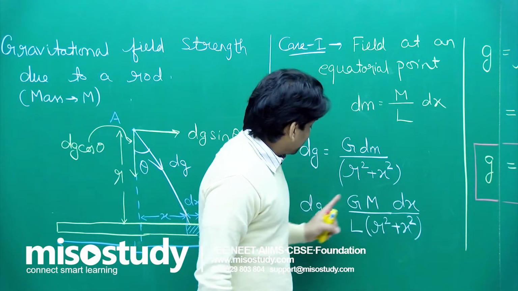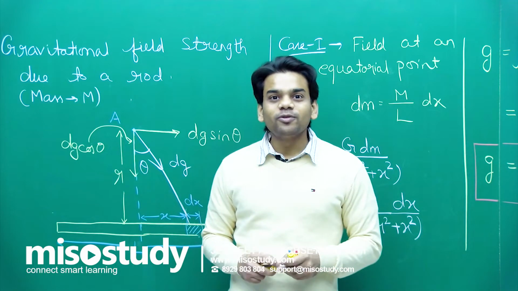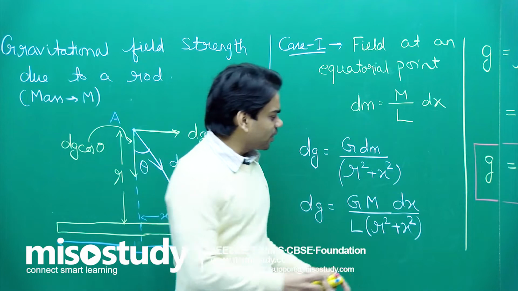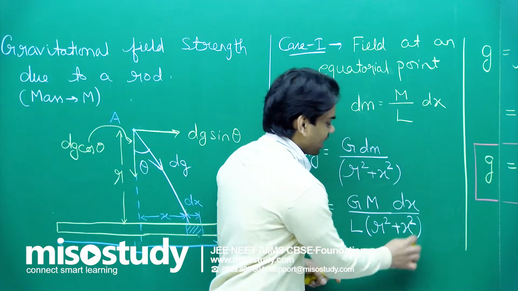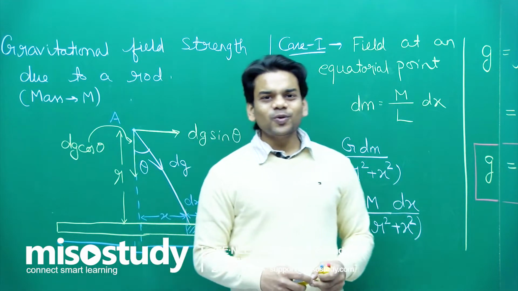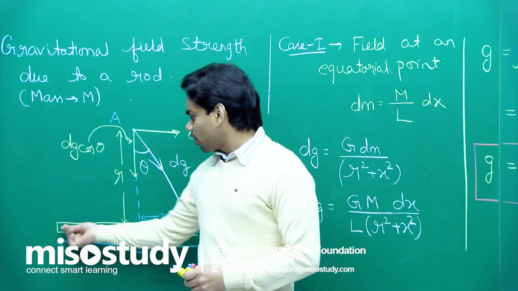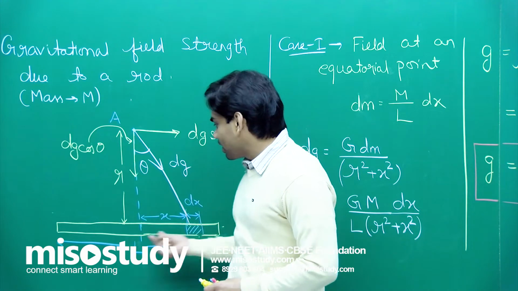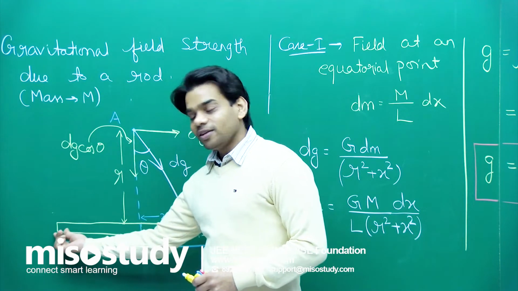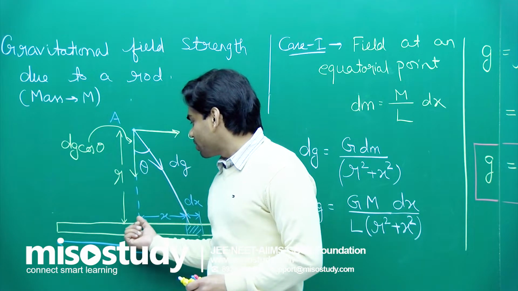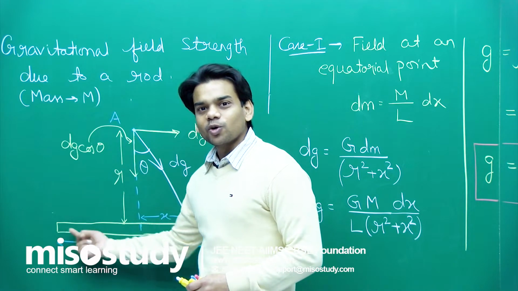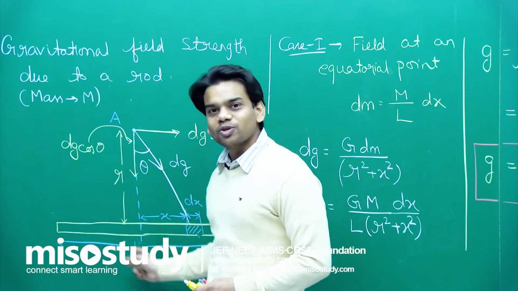You see here, this is the value of dg, but we have to integrate dg cos theta. x is the variable that we are using. So to cover the entire rod, x should vary from the left end to the right end. Now when this dm mass is lying here, the value of x, because we are measuring x from this perpendicular bisector, will be minus L by 2, because you are going towards the left end from this origin line.